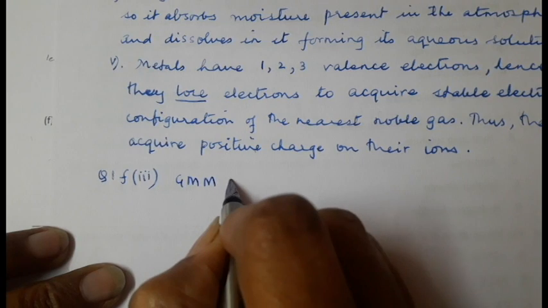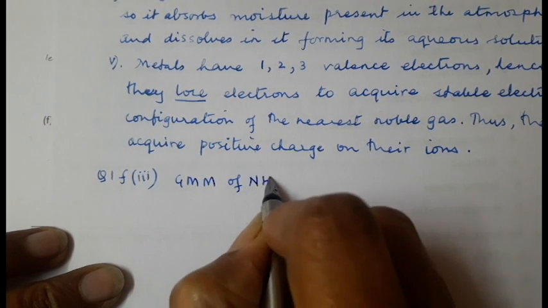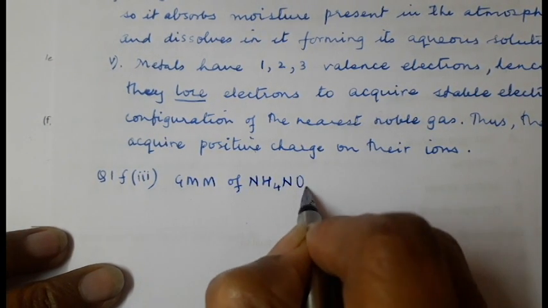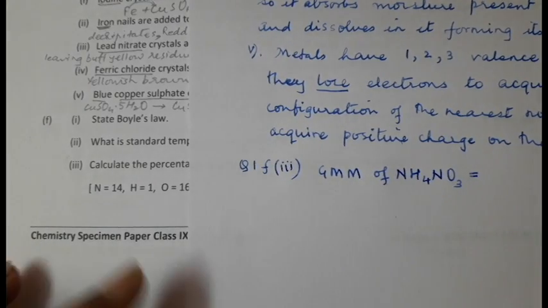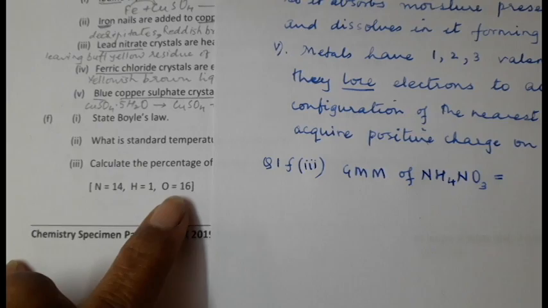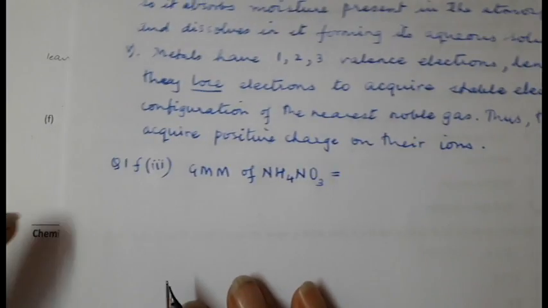Gram molecular mass of ammonium nitrate. Now all the masses are supplied, as you can see over here. Nitrogen is 14, H is 1, O is 16.